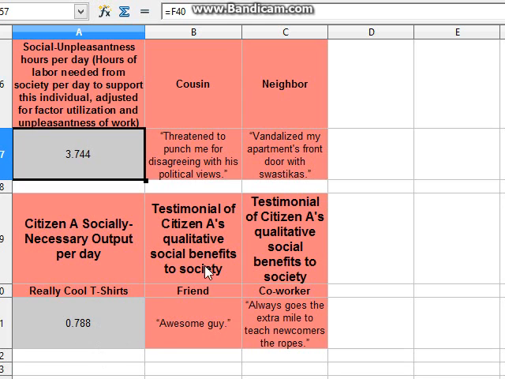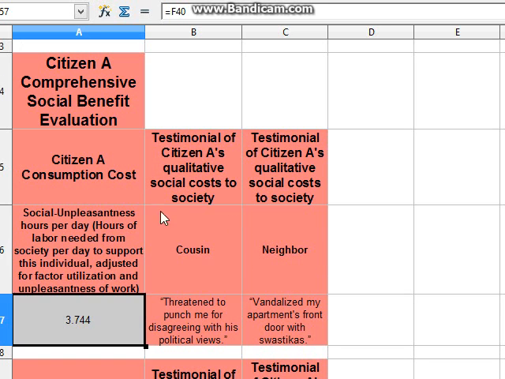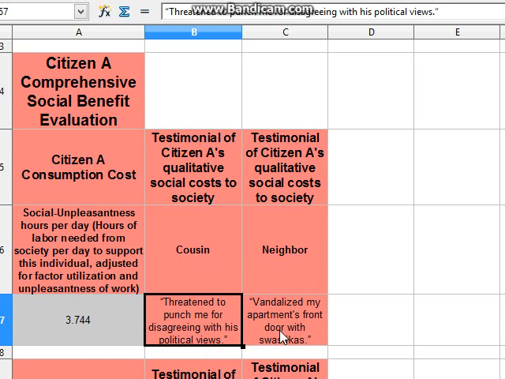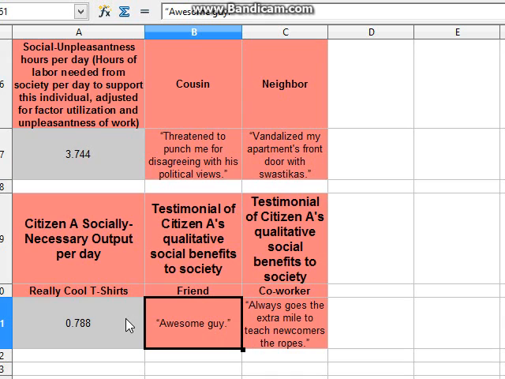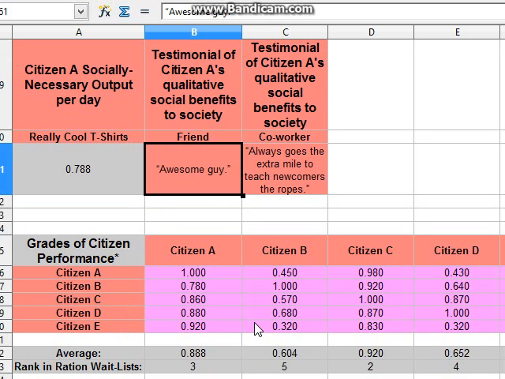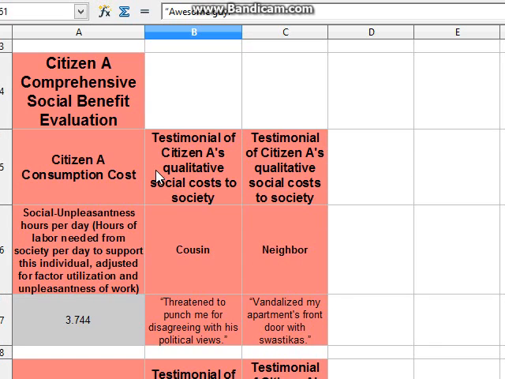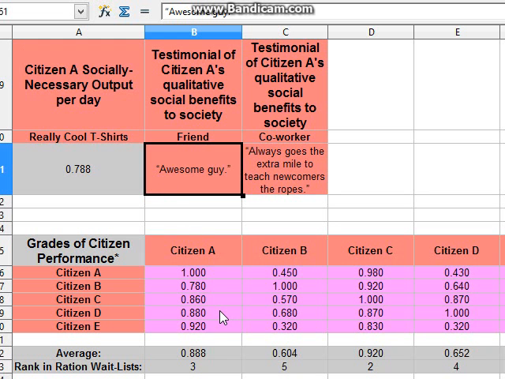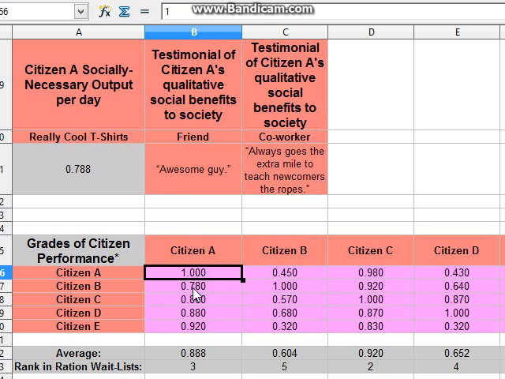You'd have to decide that for yourself and then adjust it, taking these other things into consideration as well. And after all that, you would give this citizen a grade.